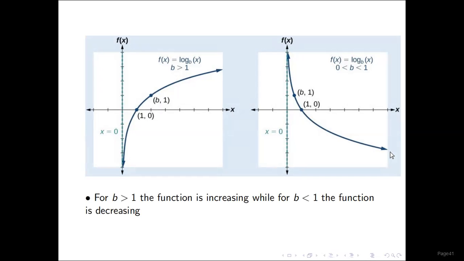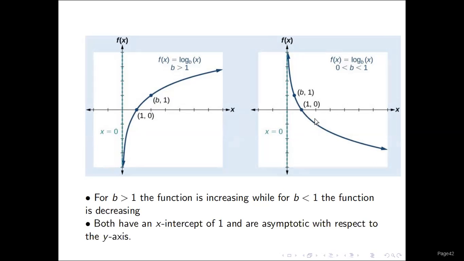So let me just again take note that the graph of the logarithmic function is increasing for values of b greater than 1, this case, and then decreasing for values of b less than 1, this case. And also note that whether b is greater than or less than 1, the graph will always cross the x-axis at 1, just as the exponential function crosses the y-axis at 1, since any number raised to 0 is 1.